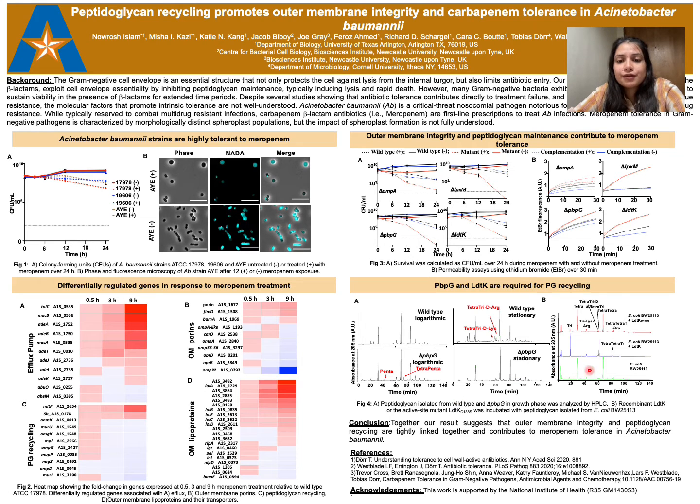Whereas in figure 4b, we have found that LDTK is an LD-carboxypeptidase, located in the cytoplasm and active against the tetrapeptide, and it releases tripeptides into the environment. And PBPG provides the substrate for this LDTK. So this suggests that PBPG and LDTK work together and are actively involved in PG recycling.